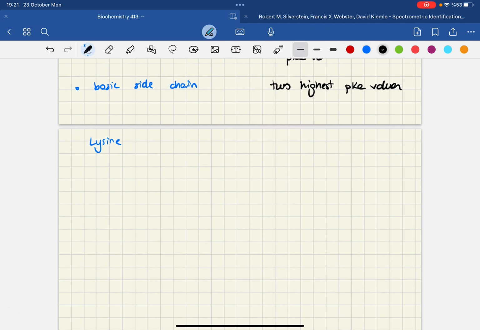Lysine has such a structure. We have the acidic part over here, we have that amine group over here, and then we have 1, 2, 3, 4 carbons, 4 carbons and an amine group attached over here.